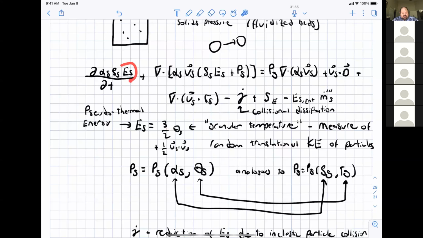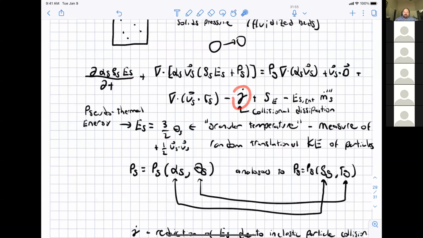Then you have an additional transport equation, and this term here accounts for the fact that if two particles collide, that reduces this random translational kinetic energy.